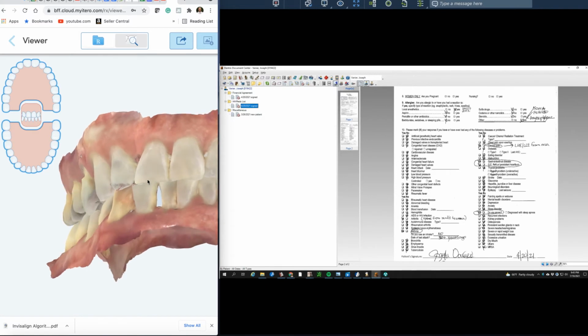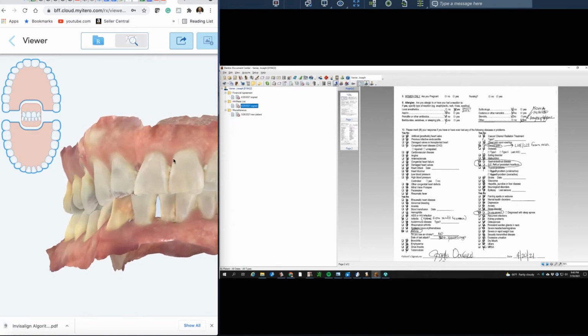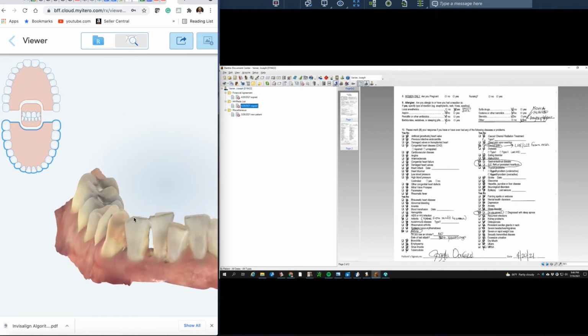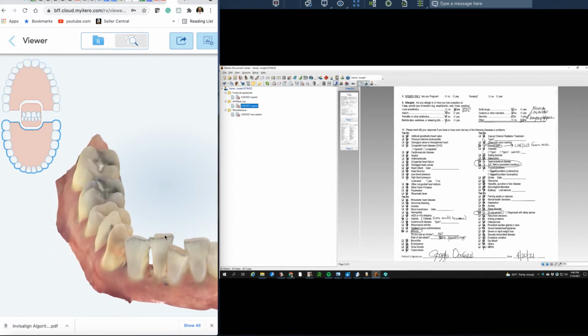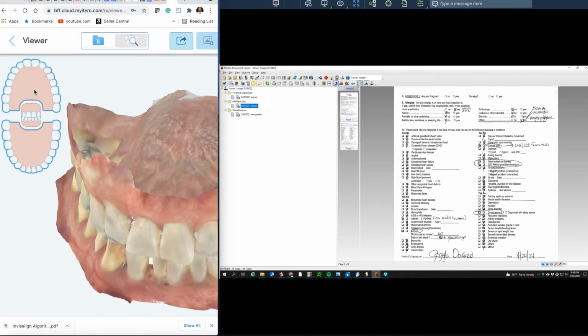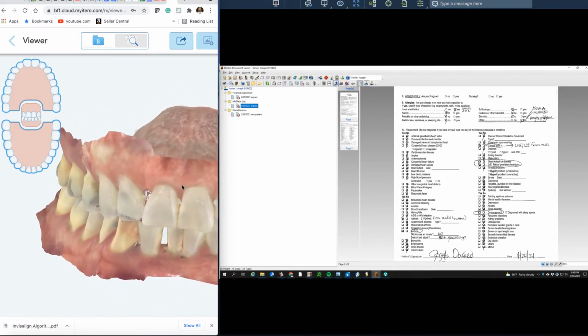For entrapment, we're looking for some sign of parafunction in the anterior teeth, either wear. I wouldn't call this wear. That tooth is obviously going to take quite a beating over the years where it's sitting up like that. Do we see any recession? I would say yes.